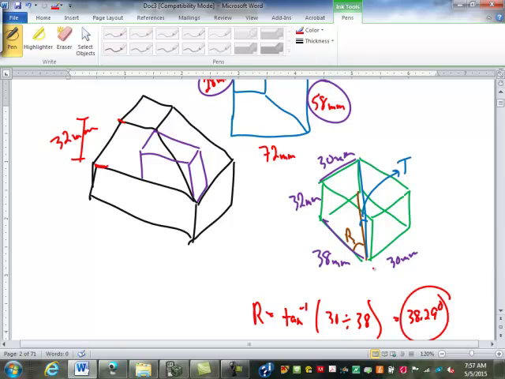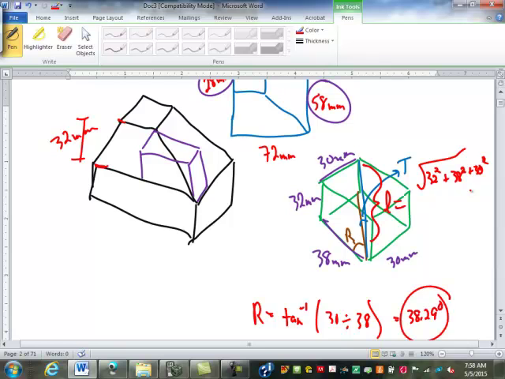For the angle of tilt, you need to know something else. What do you need to know? The theoretical length, which will be the square root of 32 squared plus 38 squared plus 30 squared.